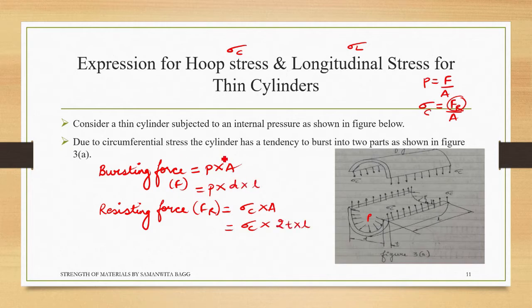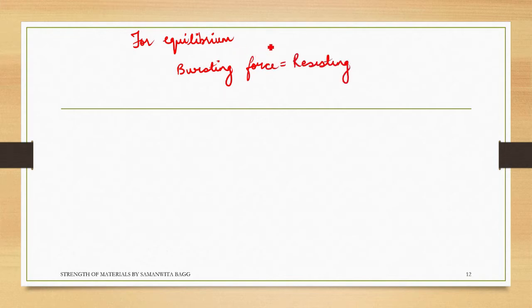Now for equilibrium, that is for the cylinder to not break, obviously these two forces should be equal to each other. So for equilibrium, I'll have bursting force equal to the resisting force.